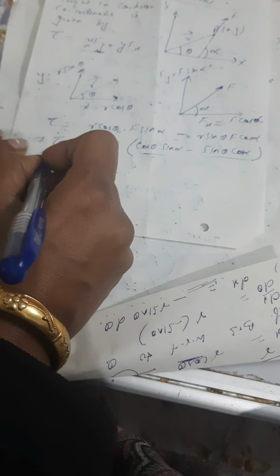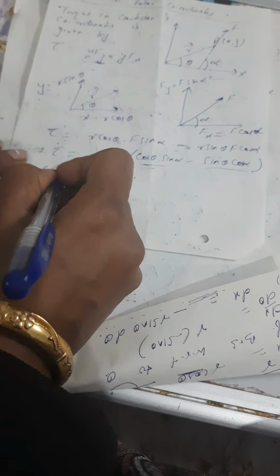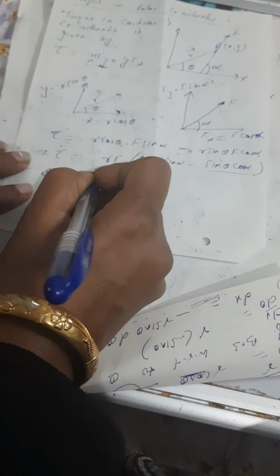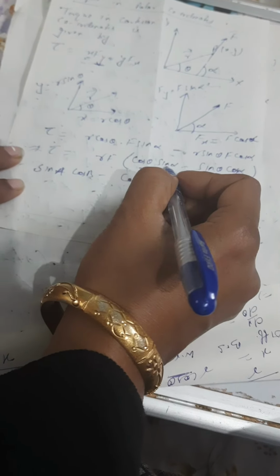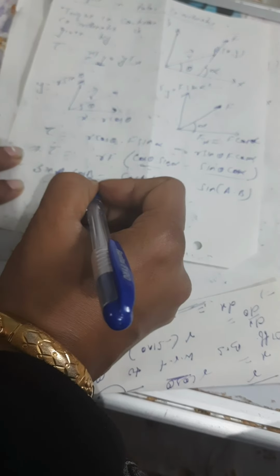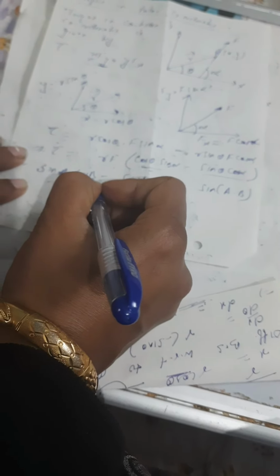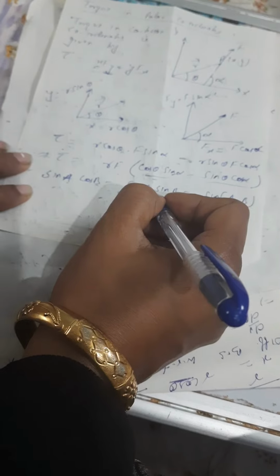Okay, this will be the formula. What is the formula here? The formula is sine A cos B minus cos A sine B is equal to sine of A minus B. Clear?